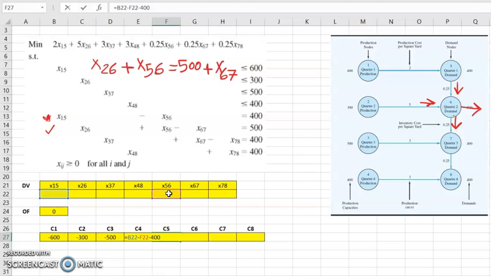That's the reason we have two negatives, because they are outflow, and we have inflow that is x15. With the same logic, we fill out the rest of the constraints.